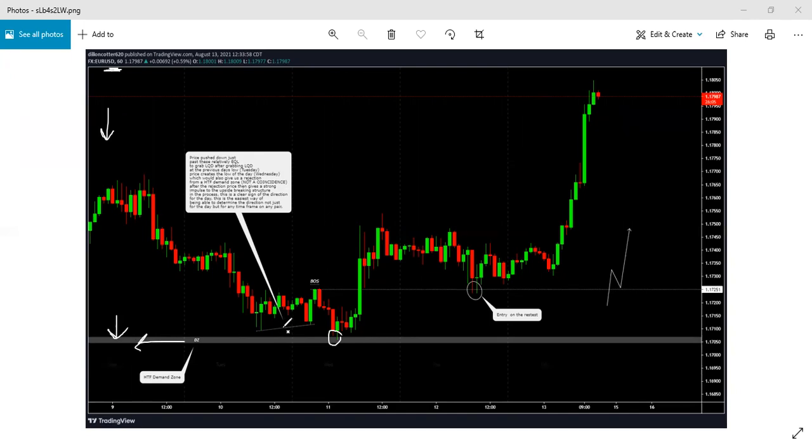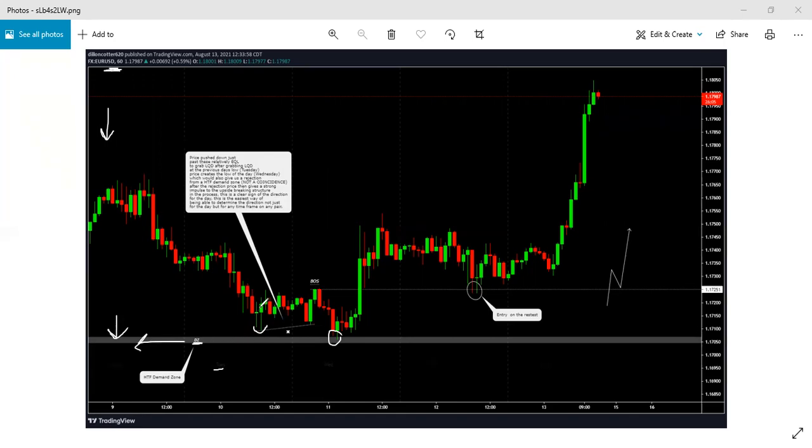It might be completely different than the next person, but if it works for you, then why fix what's working, right? So this predetermined demand zone that we had down here, I had noticed that price on Tuesday had failed to touch that demand zone.